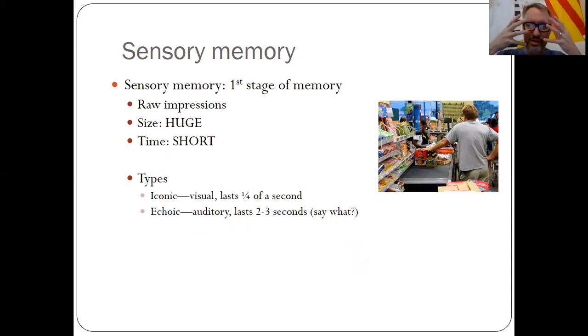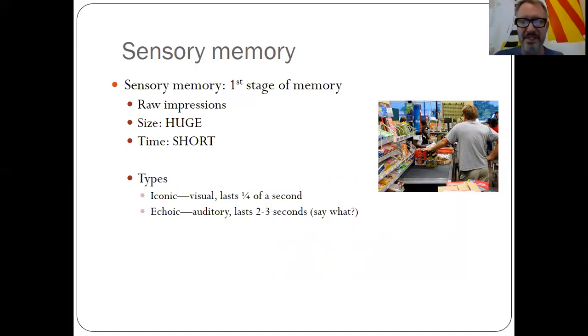So we have all this information coming into our senses, making an impression on our sensory memory. Then if we direct our attention to something we want from that impression, we can grab it and store it into short-term memory. Sensory memory is very, very short, only about a quarter of a second for visual information and about 2 to 3 seconds for things that are spoken to us.